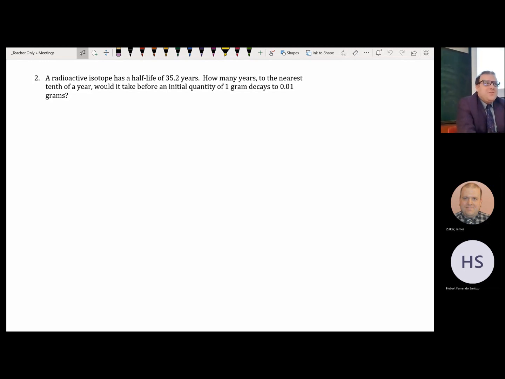It's called Heisenberg's uncertainty principle. Half-life is the average amount of time it would take for half of a radioactive isotope to decay. So 35.2 years means after 35.2 years, you would expect half of the isotope to have decayed. In actuality, it could be longer or it could be less. You just don't know.